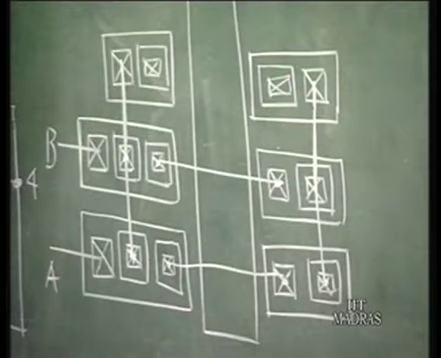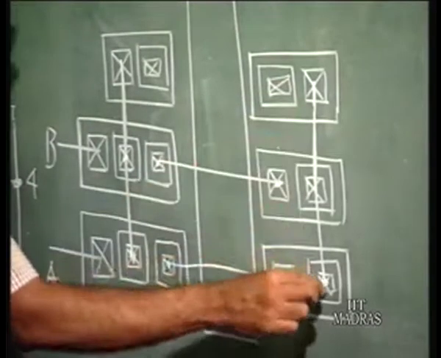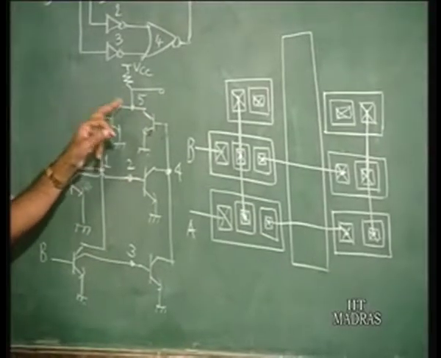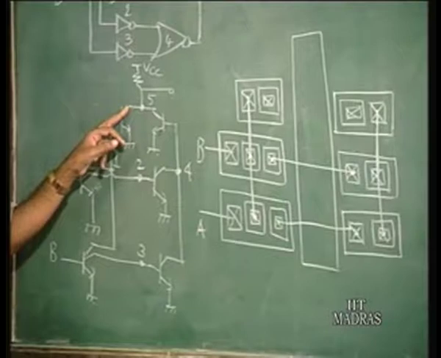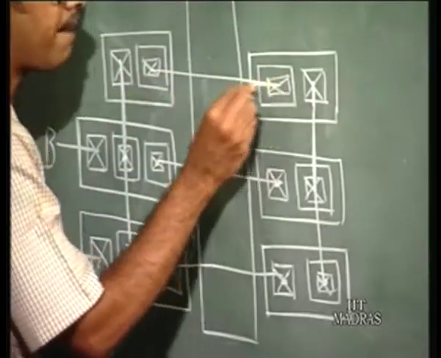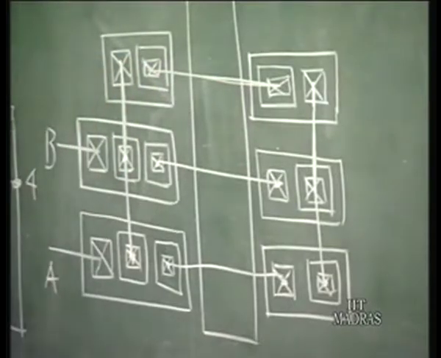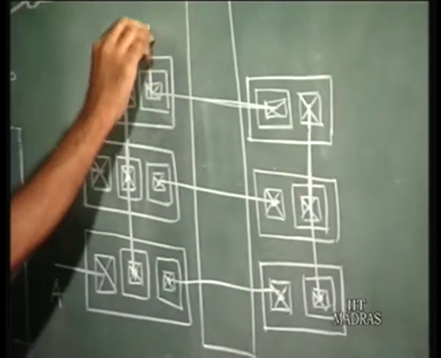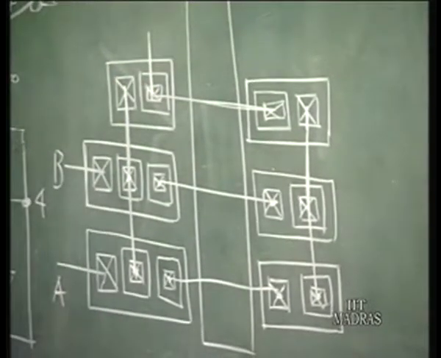All right. So we have realized this. Now what is left is these two transistors, the collectors would again be shorted, and so basically we have to short this, and the output we get is from this point. So this is the output.